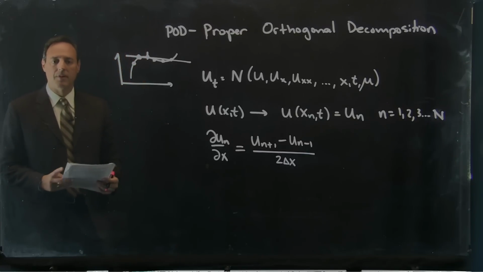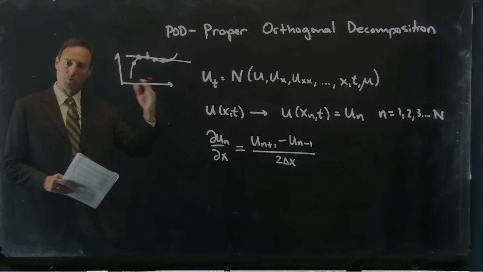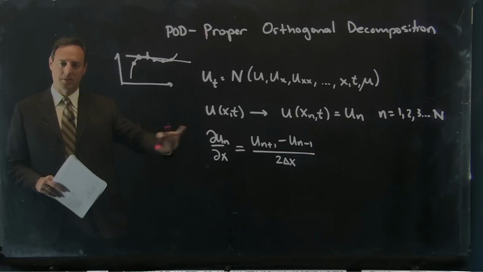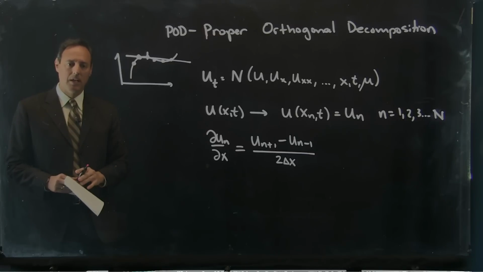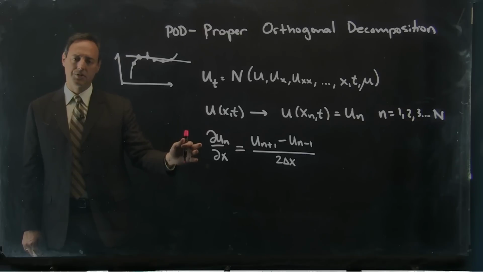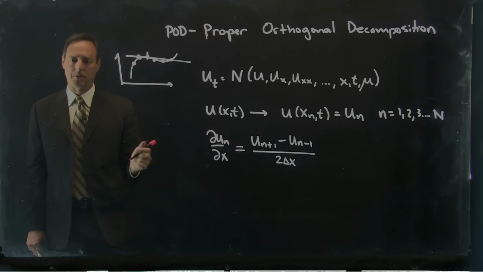This derivative is equal to the point in front minus point behind over 2 delta x. So this is just rise over run. It's a slope formula. It's very simple. And so you notice what I've done is I've traded out this derivative for using neighboring points to compute it.